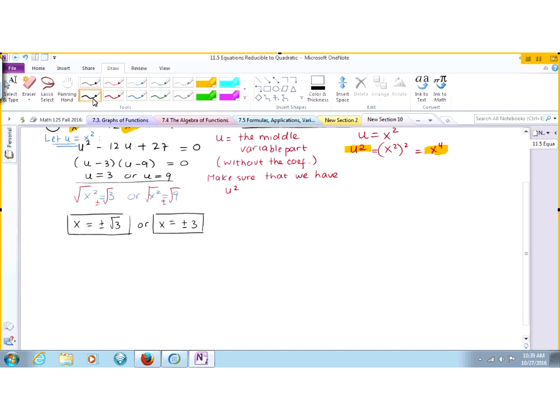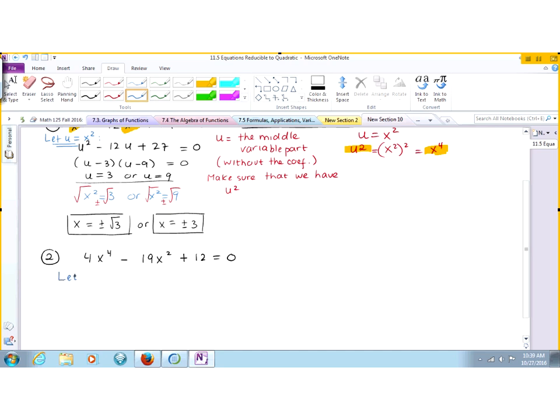Oh, I think you guys are still writing, right? Now, what about number 2 here? Suppose I have 4x to the 4th minus 19x squared plus 12 equals 0. Then you say, oh, I have never done this before. This is to the 4th power. Can we do substitution here?